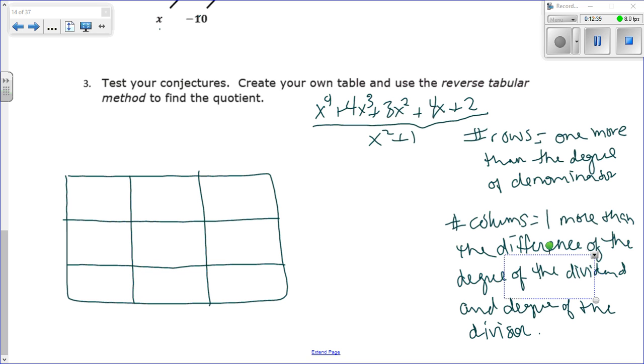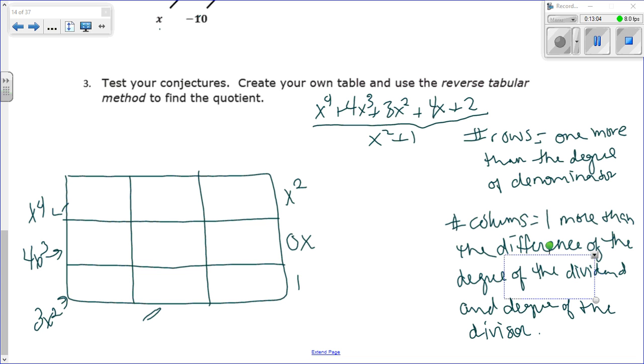I know that this is x squared. I know that this is 1. So I have to have a place for 0x. And going around, this would have to be x to the 4th. This one would be 4x cubed. And this diagonal would have to be 3x squared.